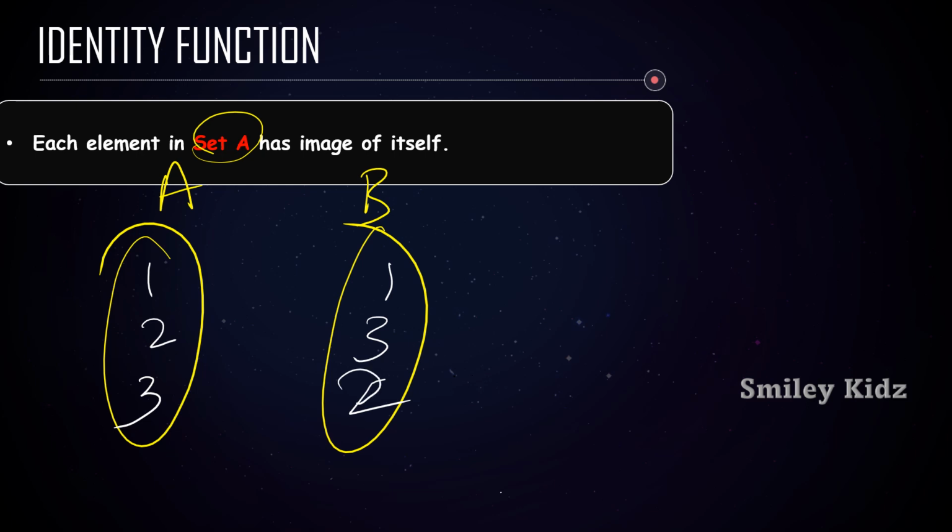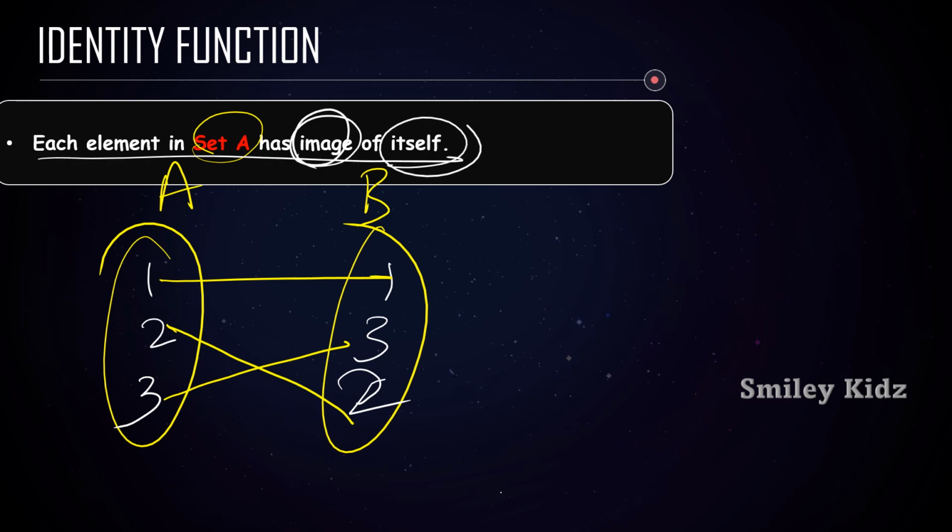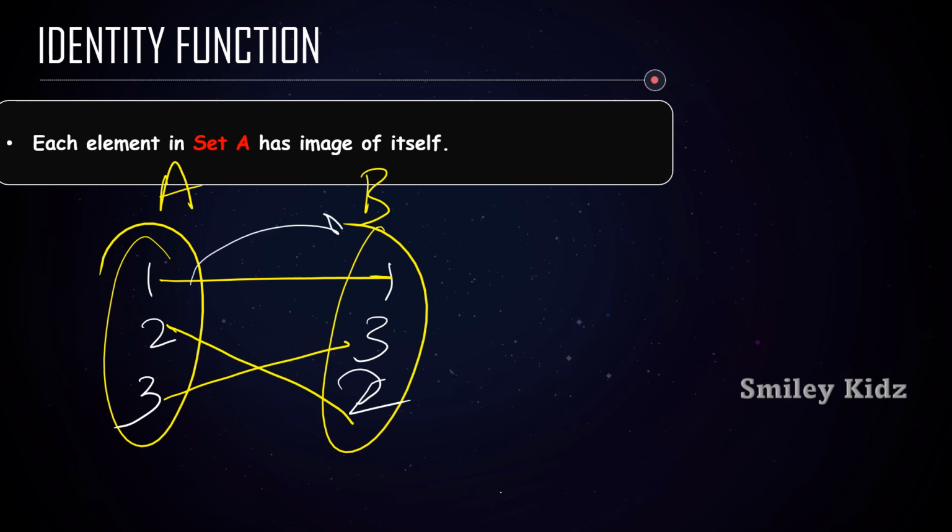Now it means 1 should only get mapped with 1, 2 should get only mapped with 2, 3 should get mapped with only 3. That means here the elements should be mapped with the same element. Each element in set A has image of itself. That is what it means. This right over here is an identity function.